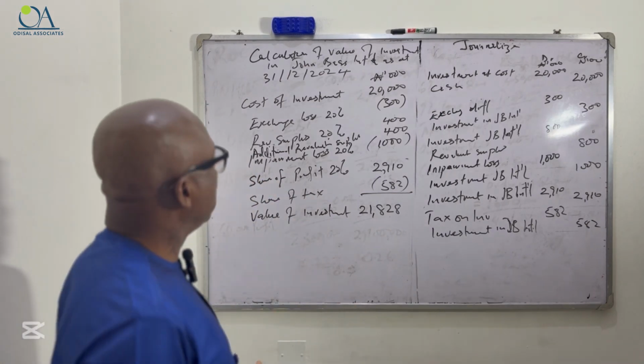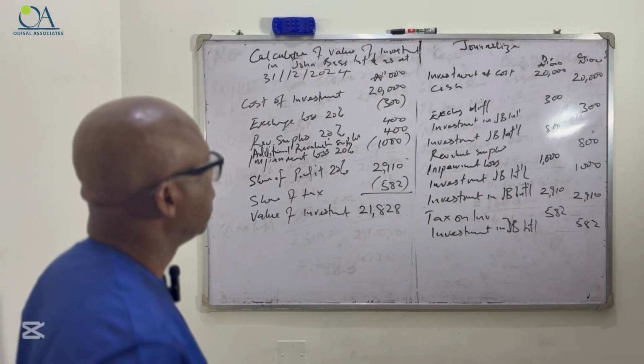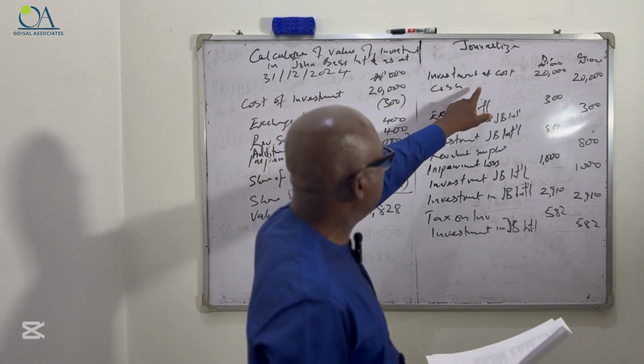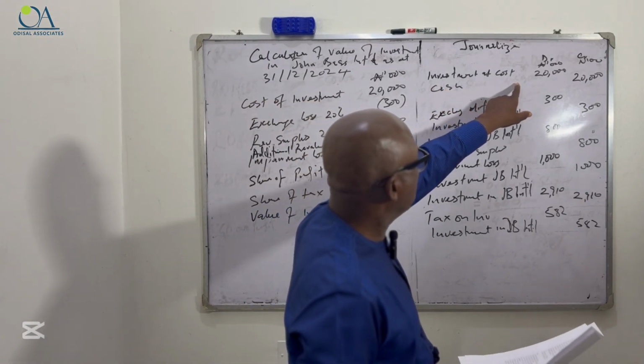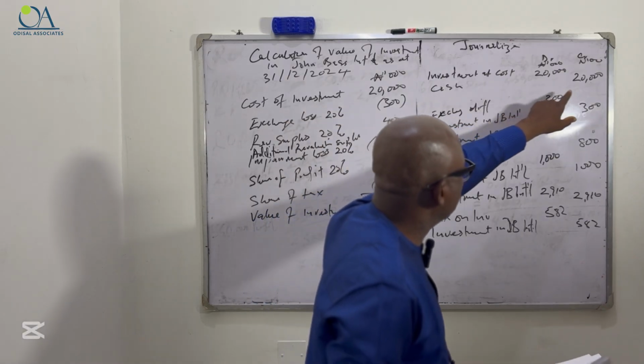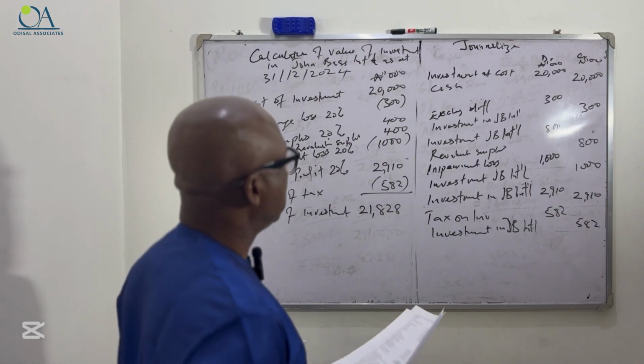So the question also asks us to journalize. This is the journal there. Investment at cost. You will debit it, and then credit cash that you used to buy the investment.